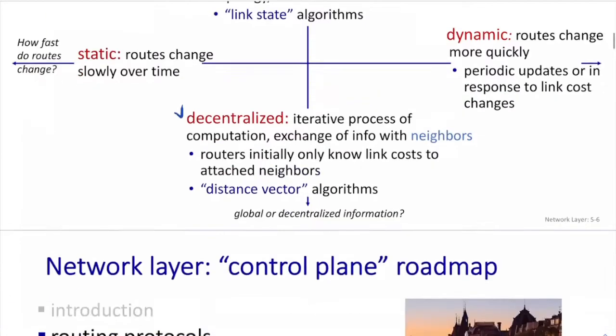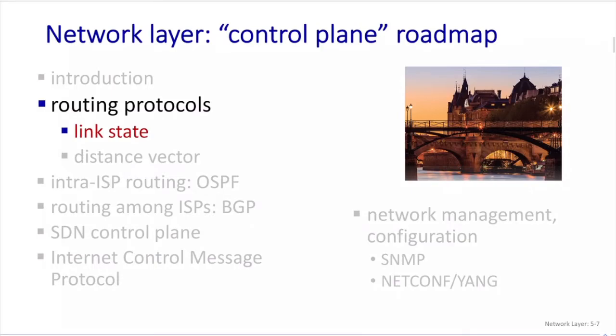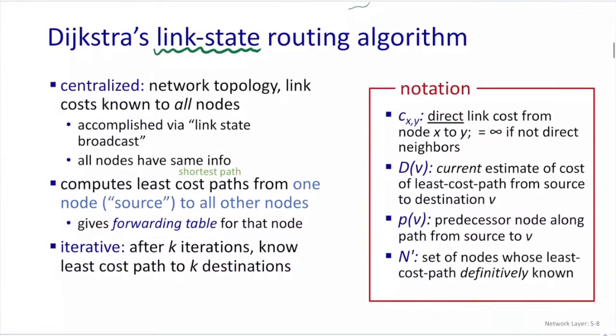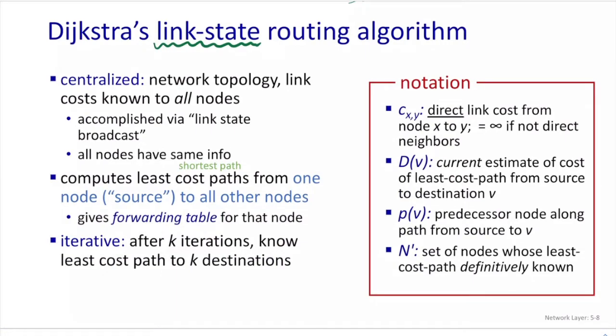Okay. So the first routing algorithm is called link state. Link state was designed by a computer science professor called Dijkstra. Dijkstra designed this link state routing algorithm.